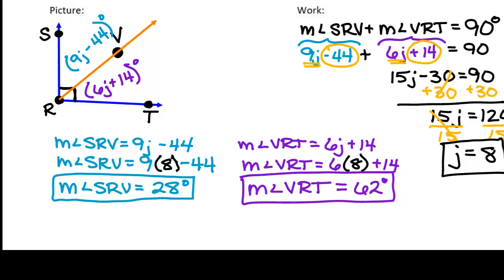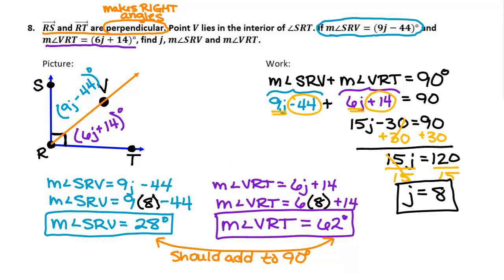And these two angles should add up to what? Yes, they should add to 90. When you see complementary or perpendicular, you have angles that are going to be 90s. When you see supplementary or linear pairs, you have angles that are going to add to be 180.